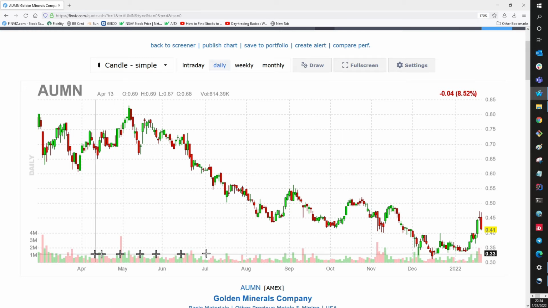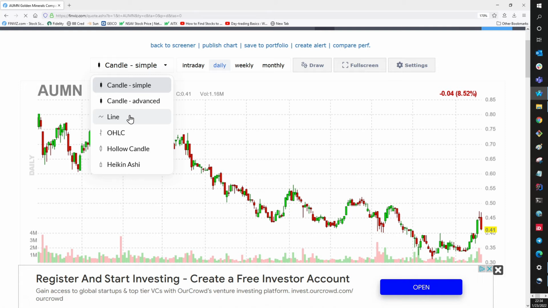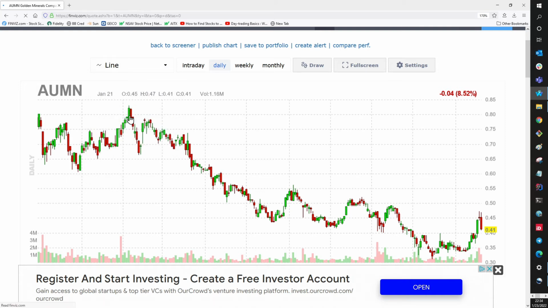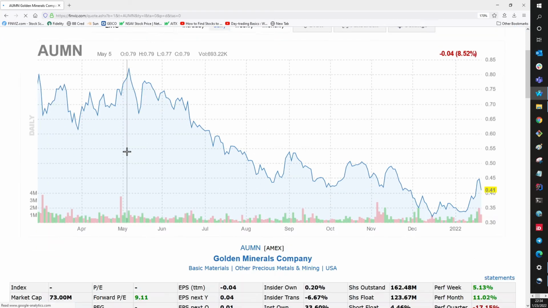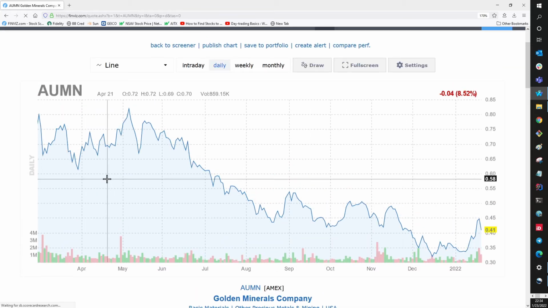We covered volume before, so I won't cover it now. Since you are probably not familiar with how to read candles, you can get a simple line graph, which is something that someone new would understand easier. You can work with a simple line graph.